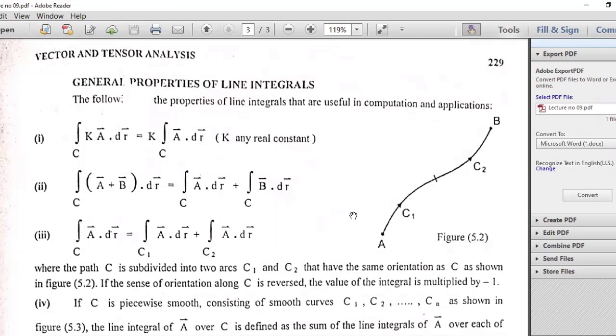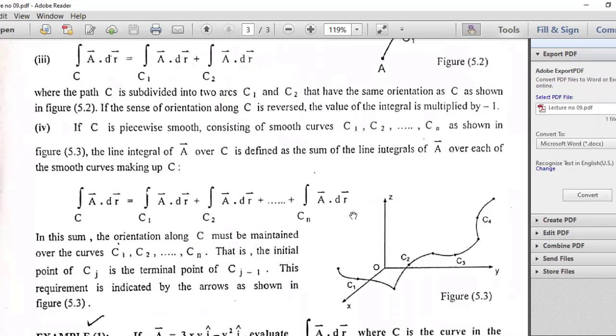If C is piecewise smooth, consisting of smooth curves C1, C2 up to Cn as shown in the figure, the line integral of A over C is defined as the sum of the line integrals of A over each of the smooth curves making up C. Like this, C1 this curve, then C2, C3, C4, and so on up to n curves.